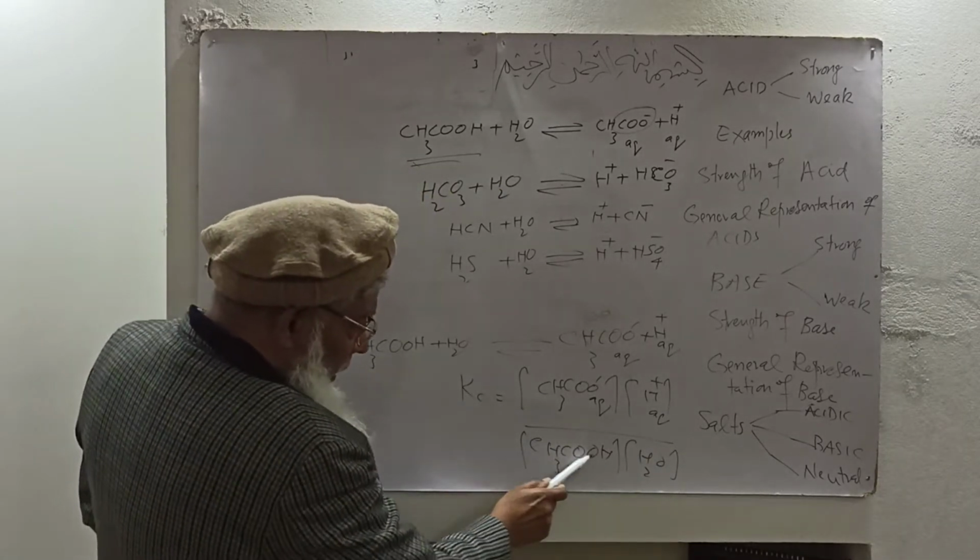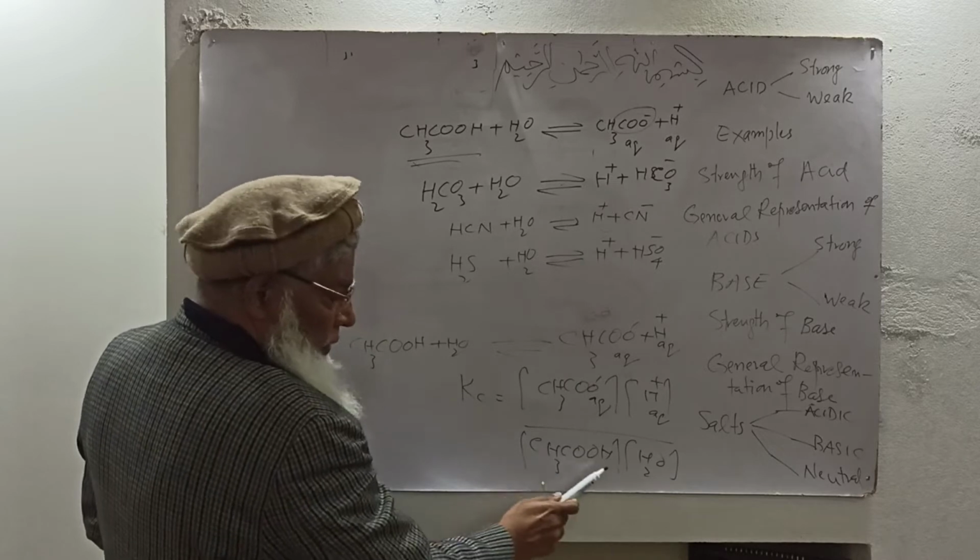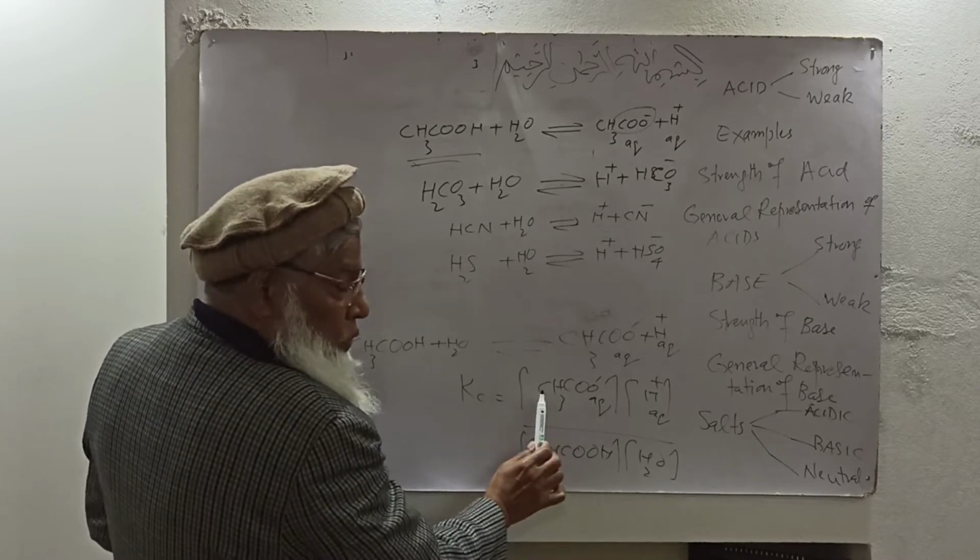So the denominator is the undissociated amount of acetic acid, and the numerator is the dissociated acid.